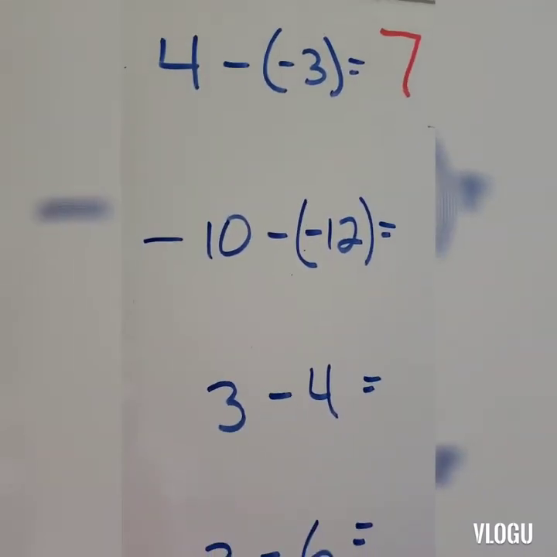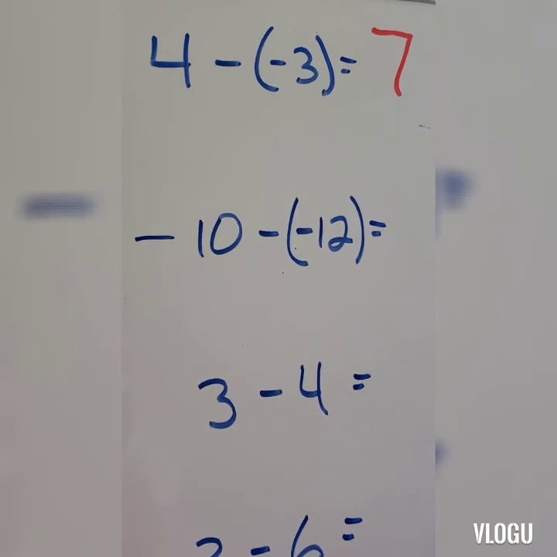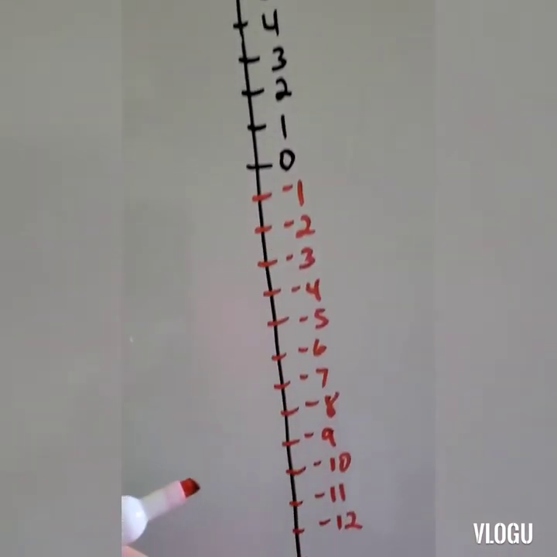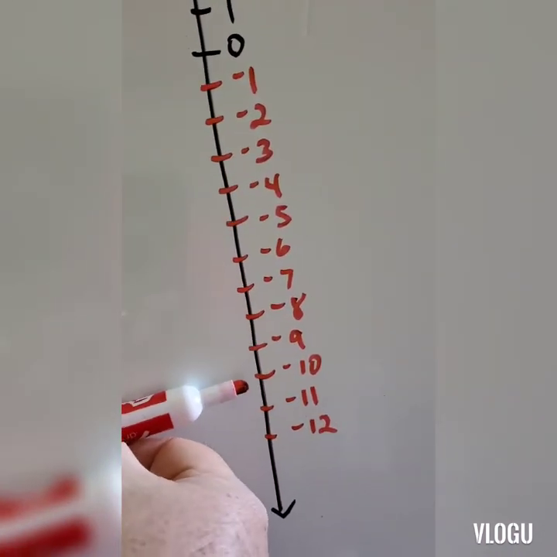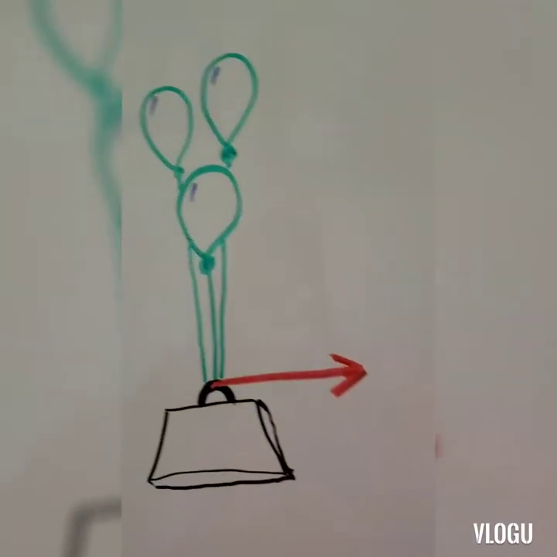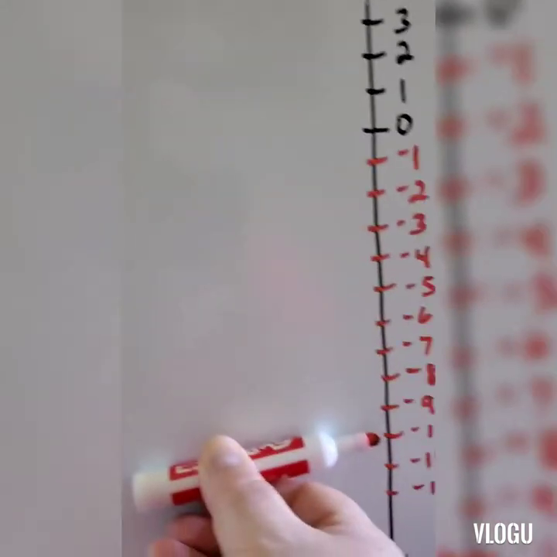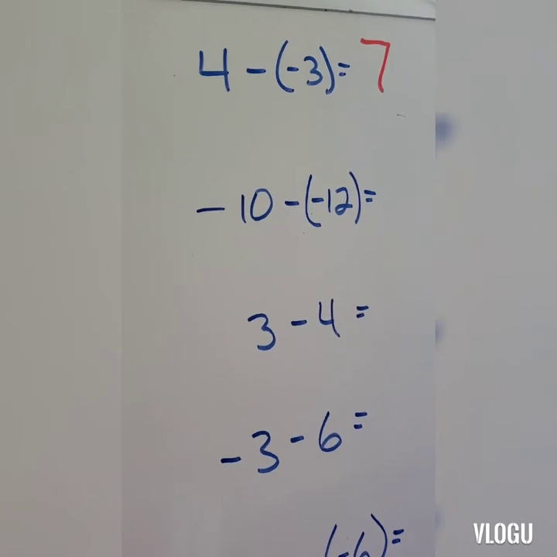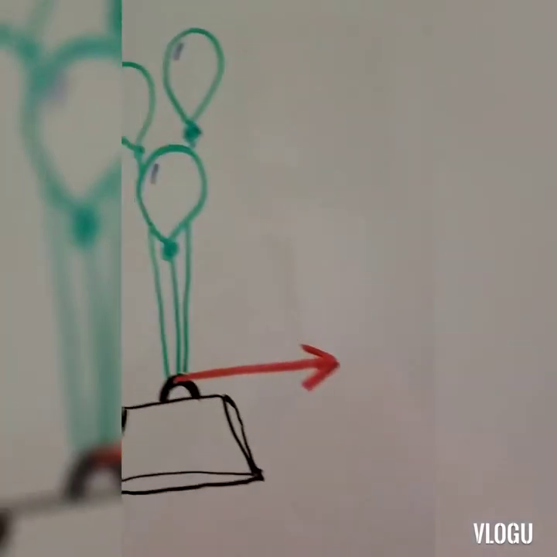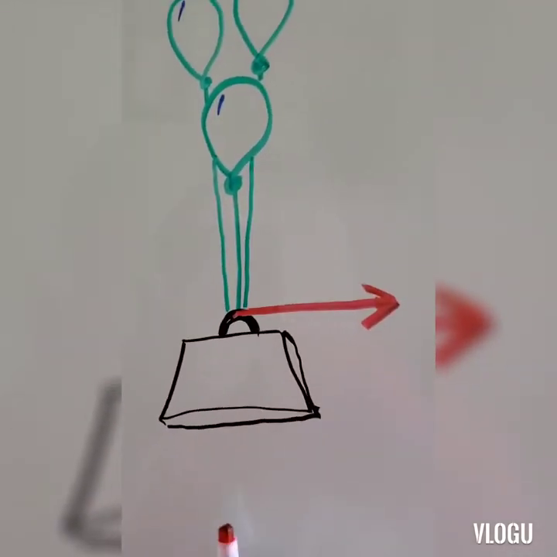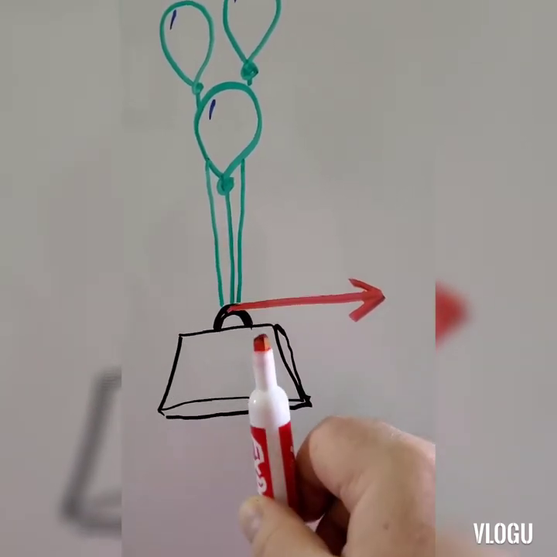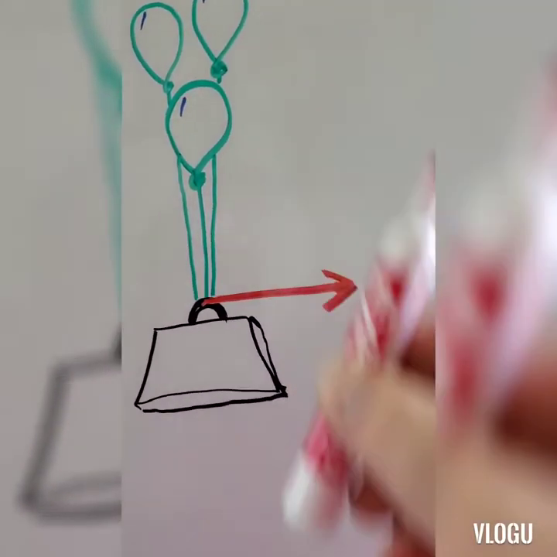Let's look at negative 10 minus negative 12. So this contraption is going to be pointing down here at -10. Well, it's just going to start at a perfect balance. Now it says we're going to take away a negative. If we take away a negative, we're still removing some of this weight. If we remove some of this weight, this thing will start floating up.